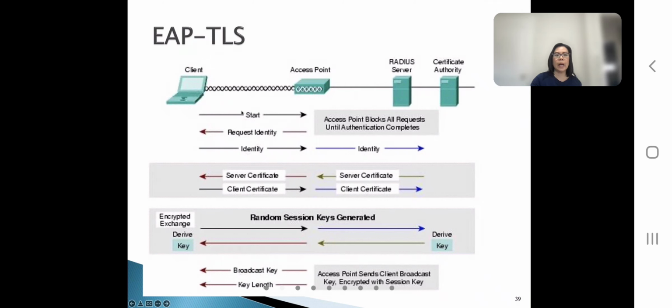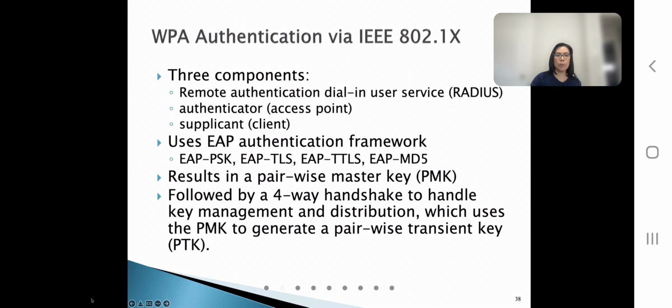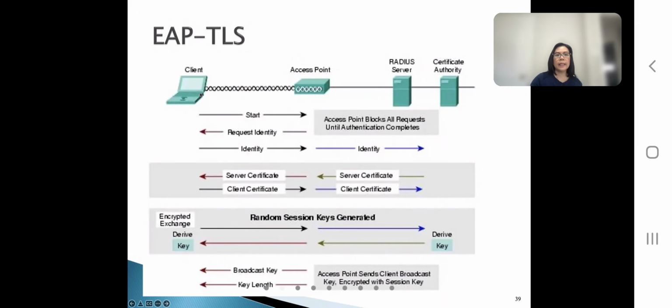At the beginning, it's a very simplified authentication process. In practice, it has many more steps and much more information, but we just consider a simplified diagram. The client wants to join the network, so it sends a message to start the process, and the access point will give the client the highest priority.